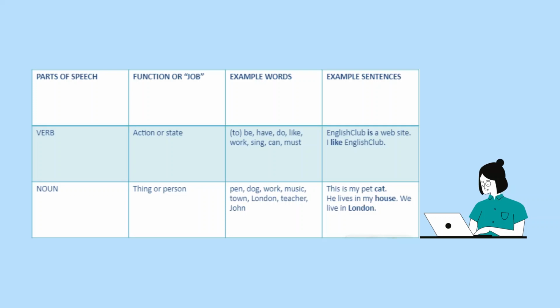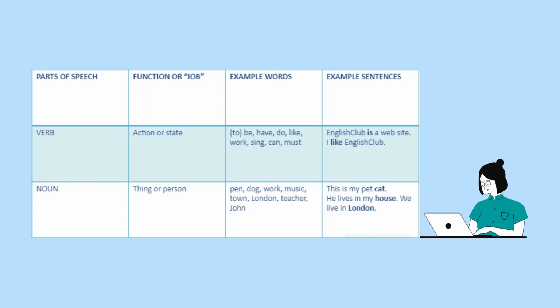Let us see its example words. To be, that is, am, are, was, were. Then have, do, like, work, sing, can, must. These are the examples of the words. And now as you can see, I haven't put a full stop in there, so the list goes on.